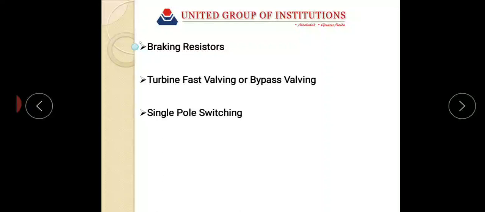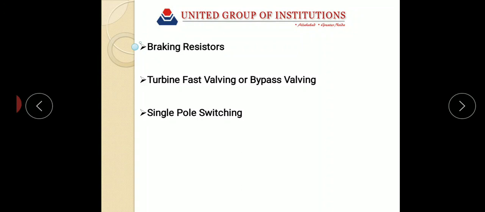Such resistors partially compensate the reduction of load on a generator following a fault. The acceleration of the generator rotor is therefore reduced. So for this reason, these resistors are called braking resistors.